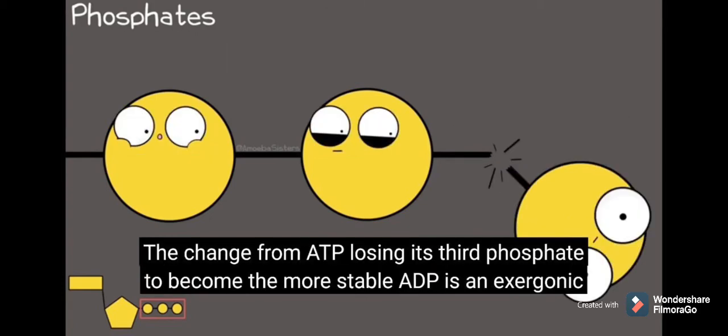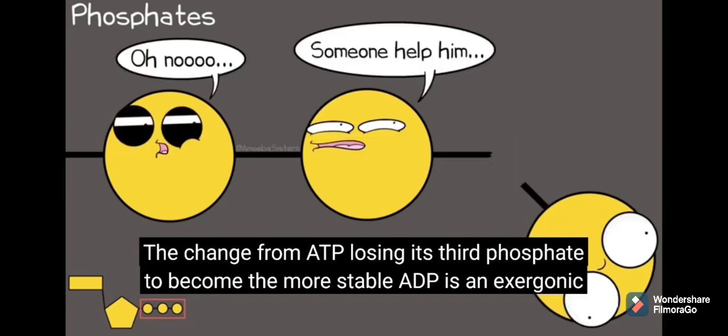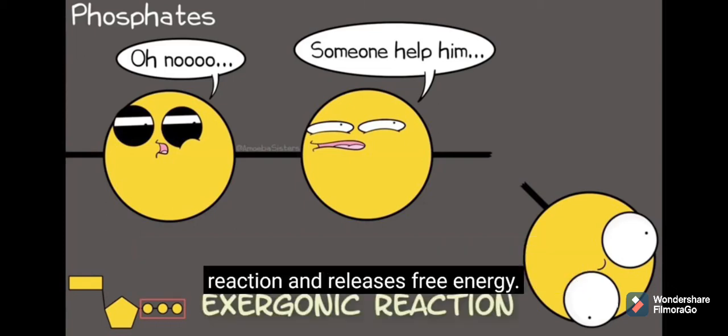For ATP, losing its third phosphate to become more stable is an exergonic reaction, releasing free energy.